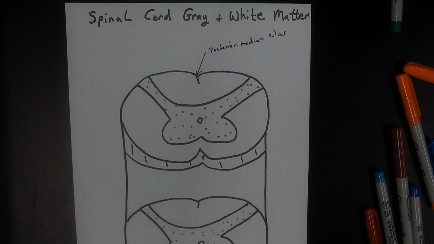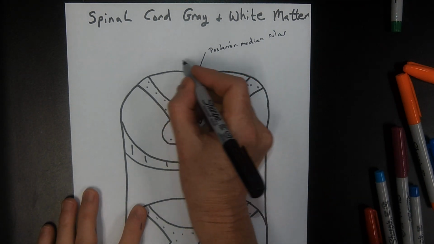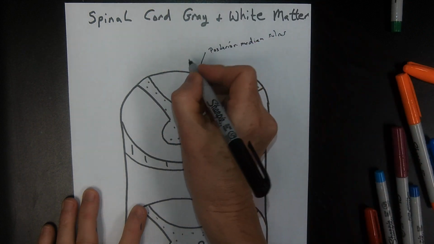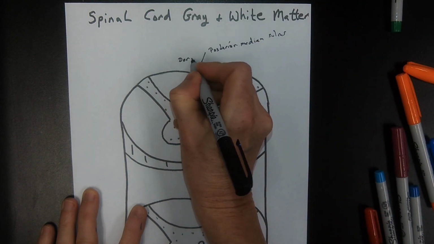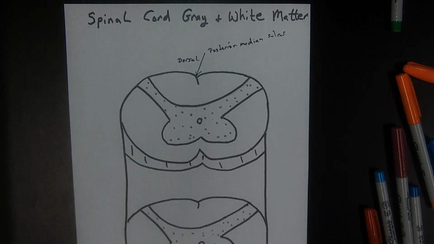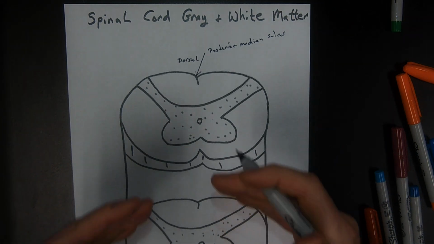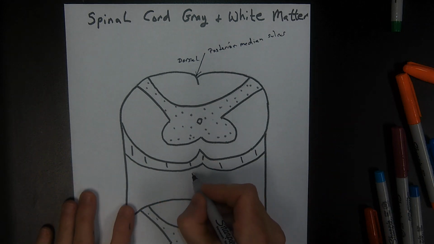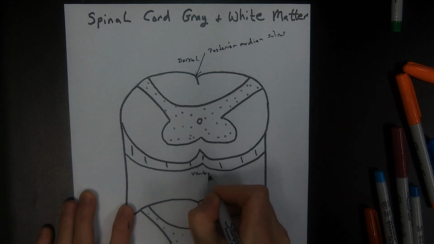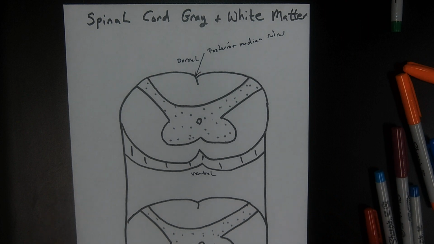If I tell you it's in the back, and you're talking about the spinal cord, is that dorsal or ventral? Dorsal, right. So this backside of the spinal cord is going to be dorsal, which makes the front part of the spinal cord ventral.